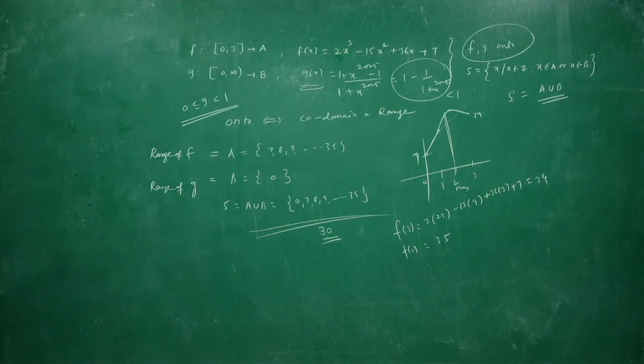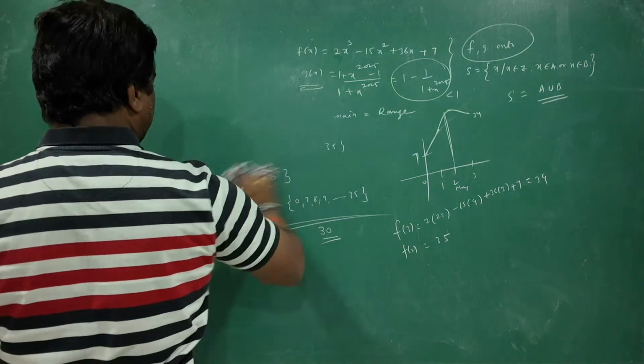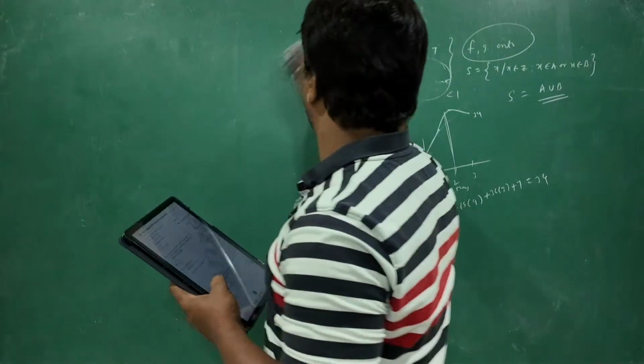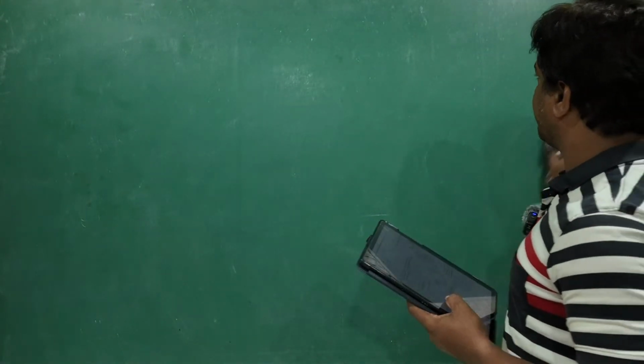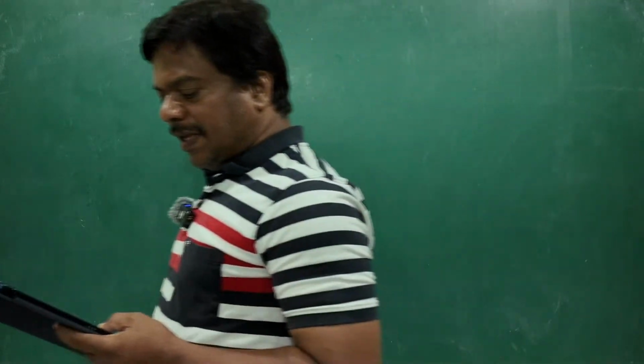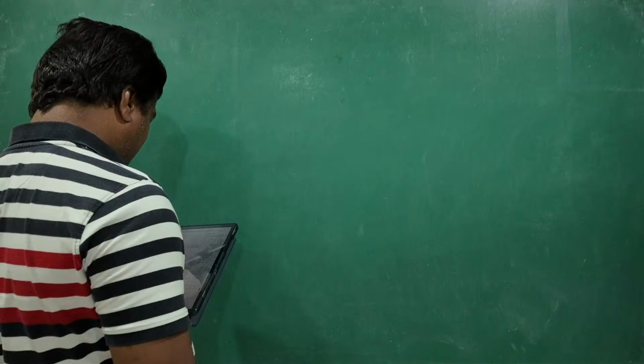Okay. Next question from permutation combination. S is a set of words formed by all the letters of the word garden. Find the probability that all vowels are not together.